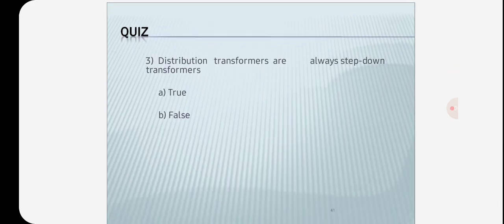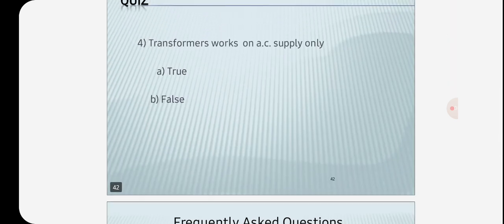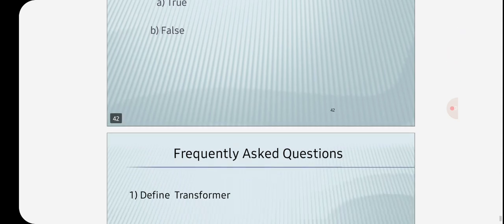Next, distribution transformers are always step down transformers. True or false? True. Transformers work on AC supply only. It is also true.